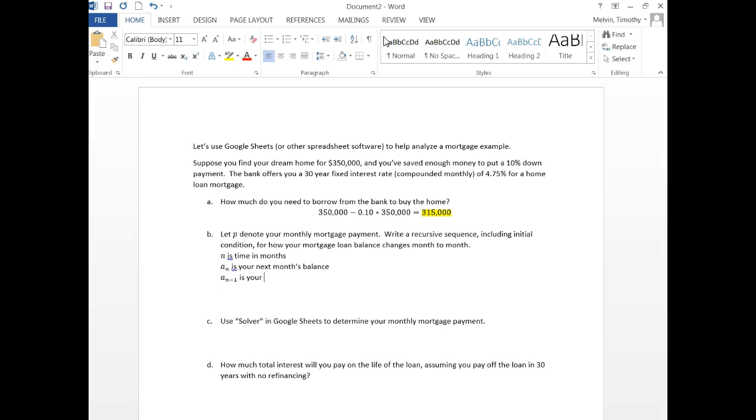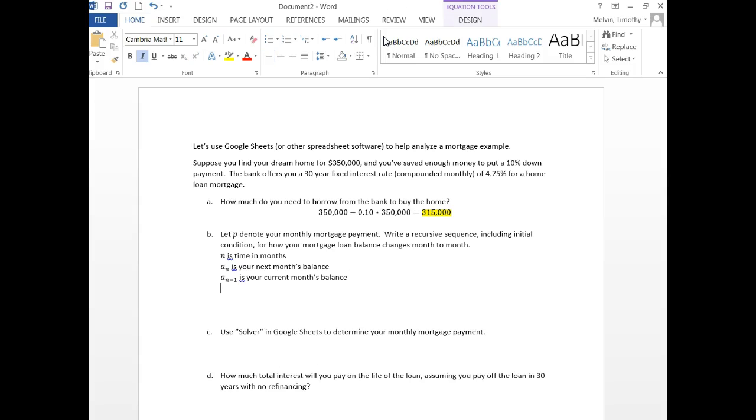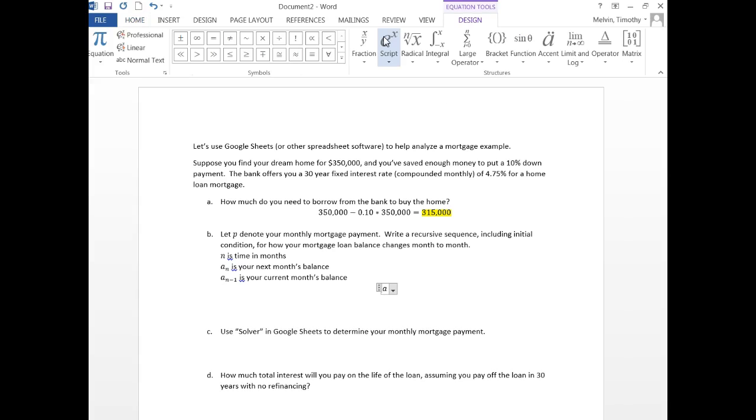This is your current month's balance. We also know that the initial condition, A subscript 0, what we initially owe is that initial loan payment, so $315,000.